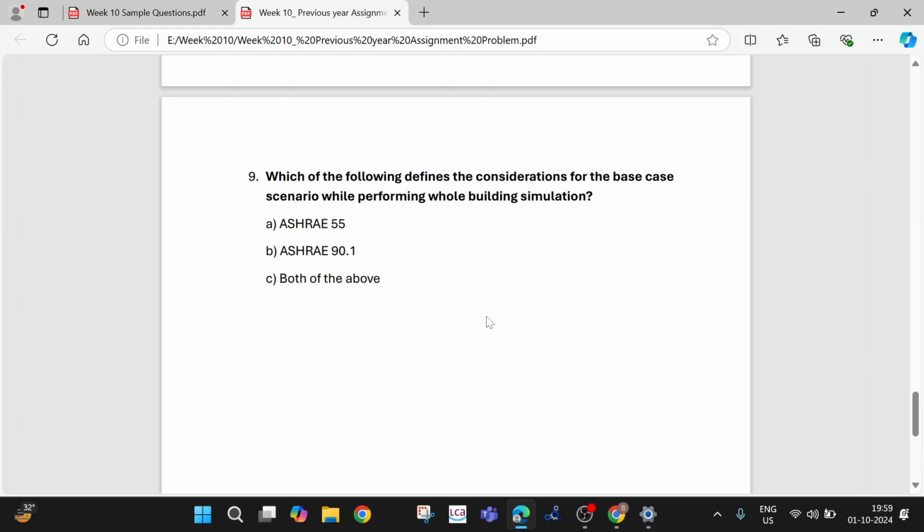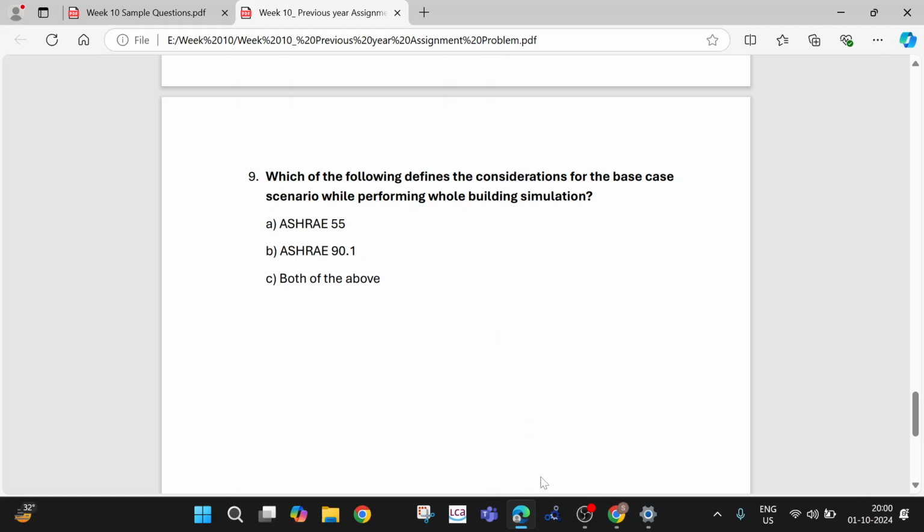ASHRAE 90.1 provides the guideline for the energy performance used for defining the best case scenarios in the simulations. ASHRAE 55 is not it; it is just the comfort criteria. For building simulation criteria, 90.1 is preferred. Fine. Is it clear now? Yes, sir.